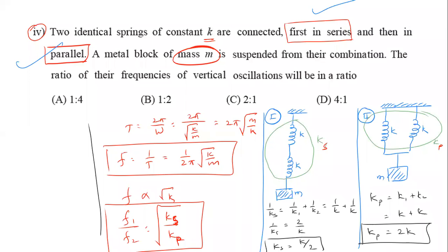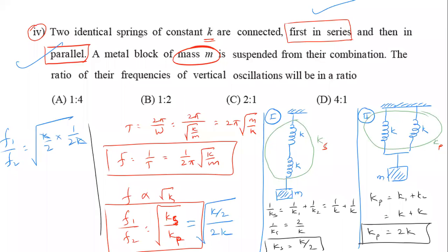Now we substitute these values in the formula and try to simplify it. So under root, Ks is K by 2 and here it is 2K. Simply we can write F1 by F2 is equal to square root of K by 2 multiplied by 1 upon 2K.